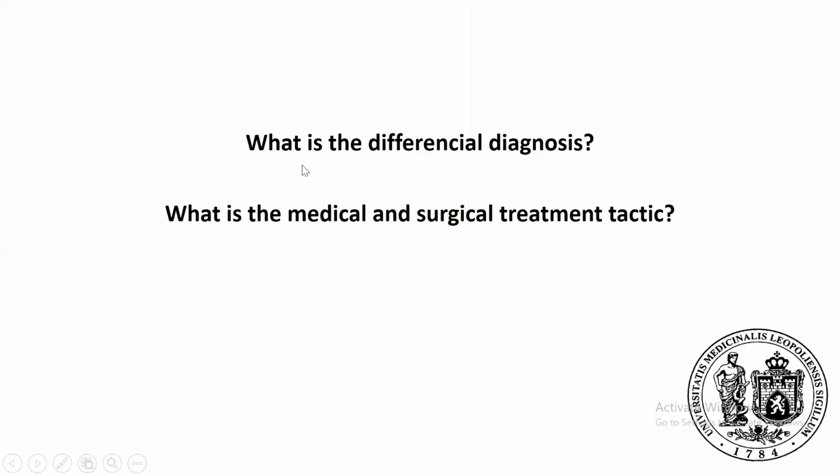What is the differential diagnosis? For this case, I would like to differentiate with right-sided renal colic, inflammation of Meckel's diverticulum, and peptic ulcer perforation. Maybe you would have to explain why you are differentiating with these diseases.